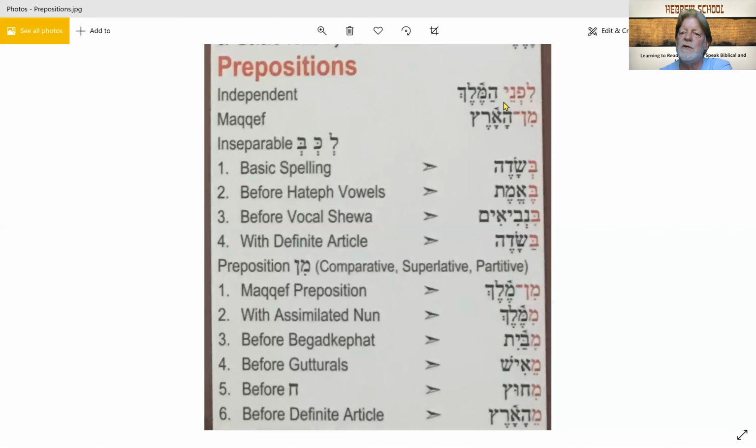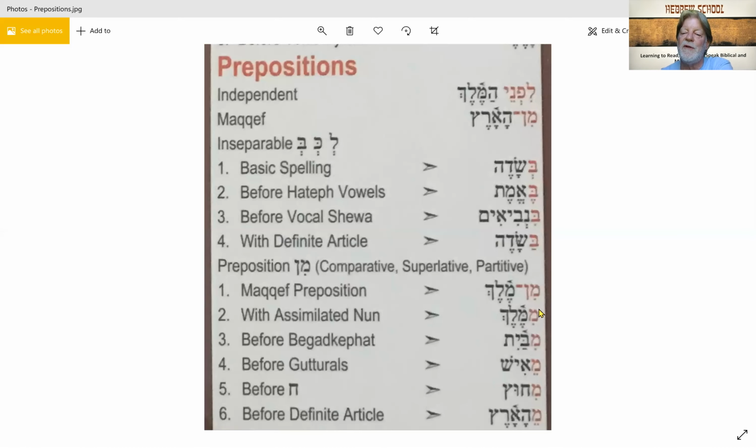So the ones we've learned so far: lifanei is a preposition which means before, either before in time or in the presence of. We've got min or me without the nun. Me is just a shortened form of min, and the nun kind of drops off. Min or me means from.